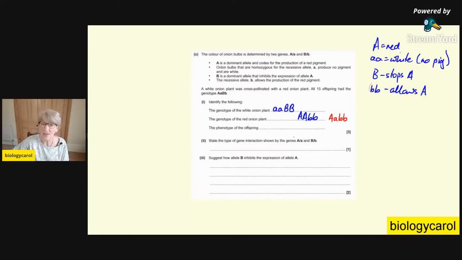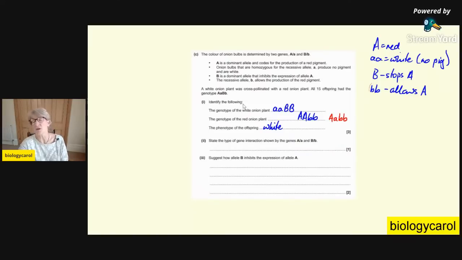And the phenotype of the offspring, of course, so they are red, but that red is inhibited and therefore they are white onions. State the type of gene interaction shown by the genes A and B. Well, it's epistasis.